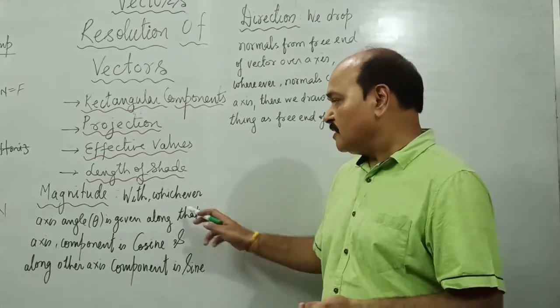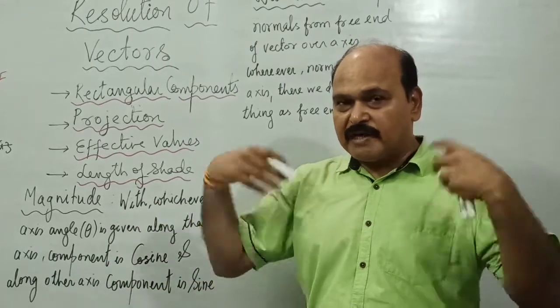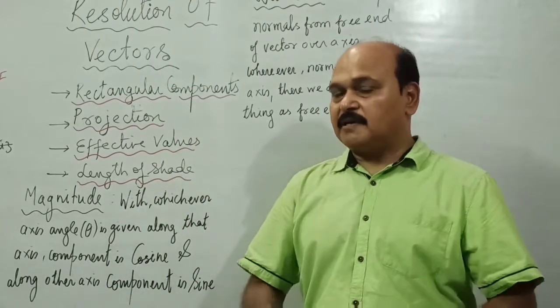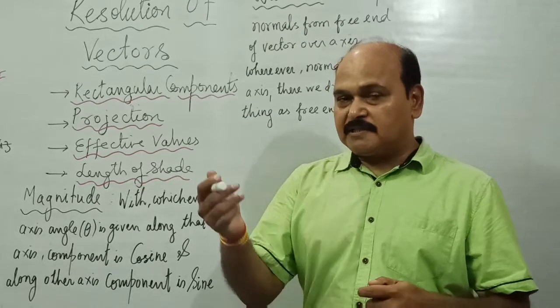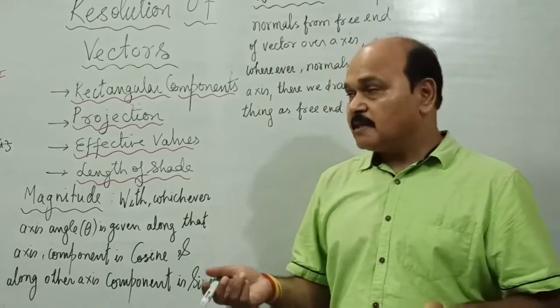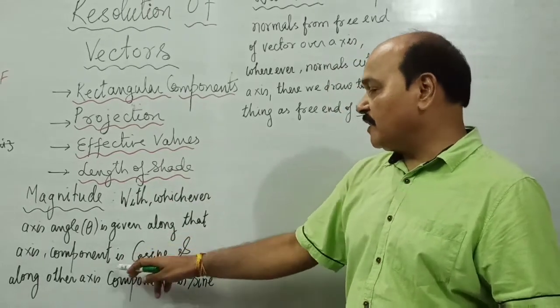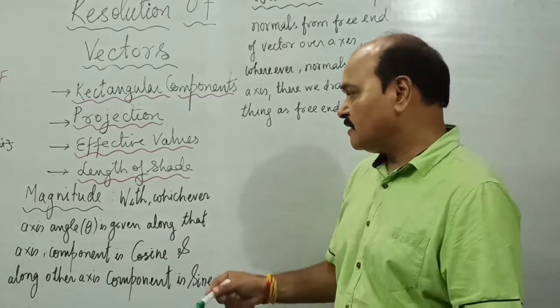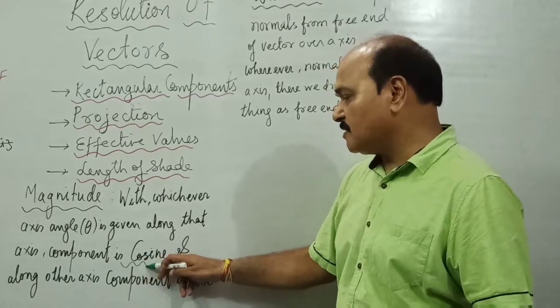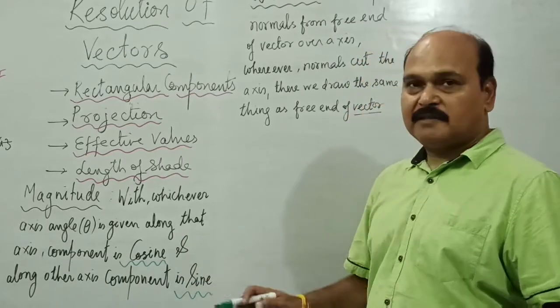Well, for magnitude, the conclusion is here written on the board. With whichever axis angle theta is given, with whichever axis, there are two perpendicular axes and vector is in between. So with whichever axis angle theta is given, along that axis the component is cosine, and along the other axis the component is sine.